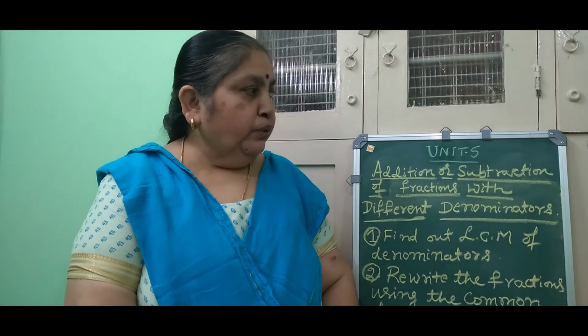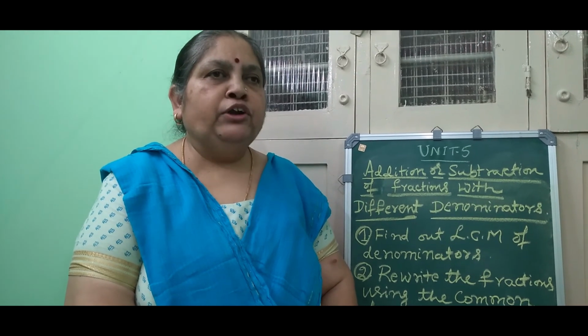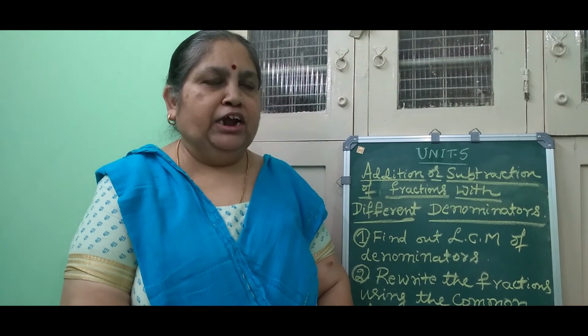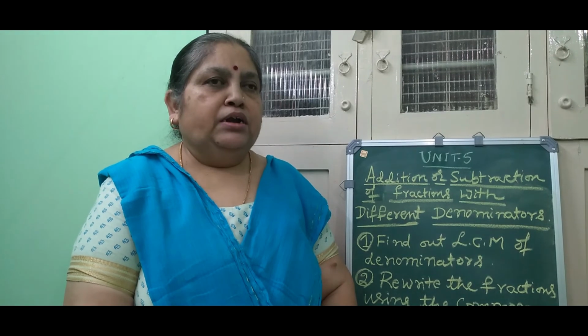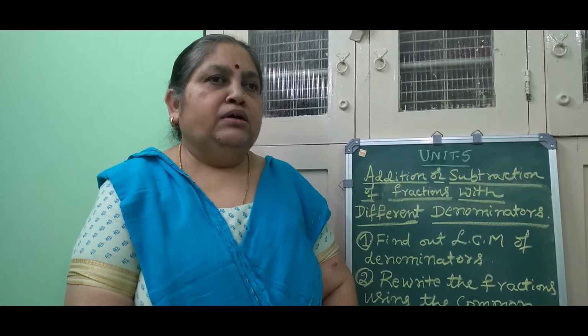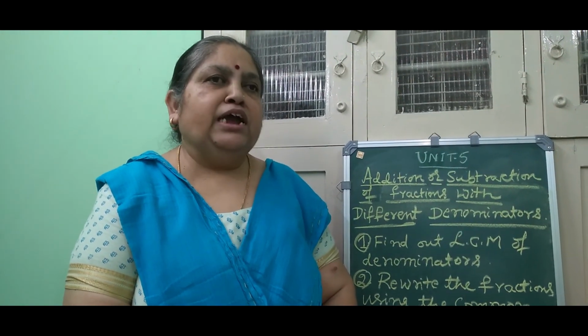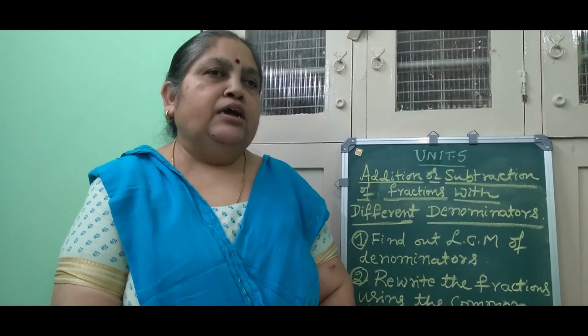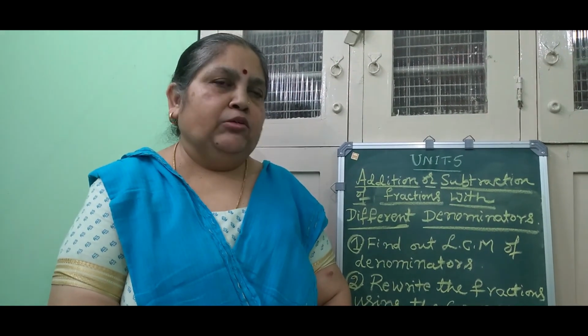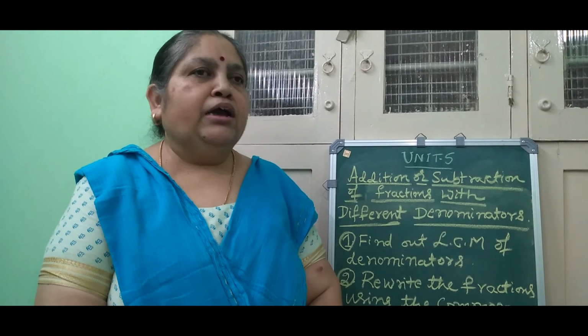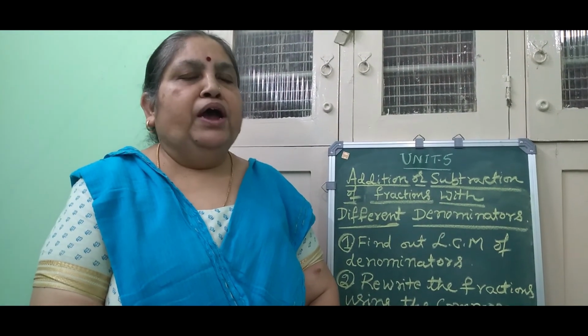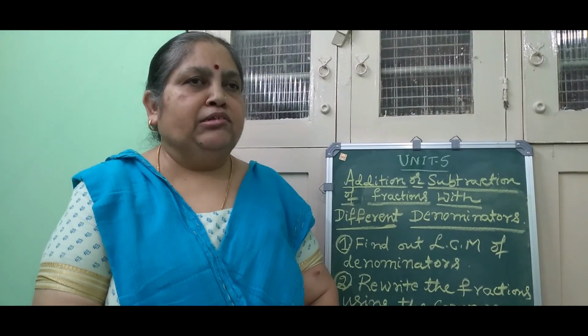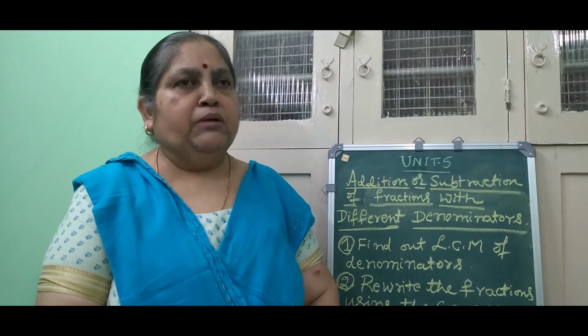So till now in this unit I have told you how to add or subtract fractions with the same denominator and also with different denominators, and I have explained in detail by giving examples, worked out some problems, and given you the summary of this addition or subtraction.